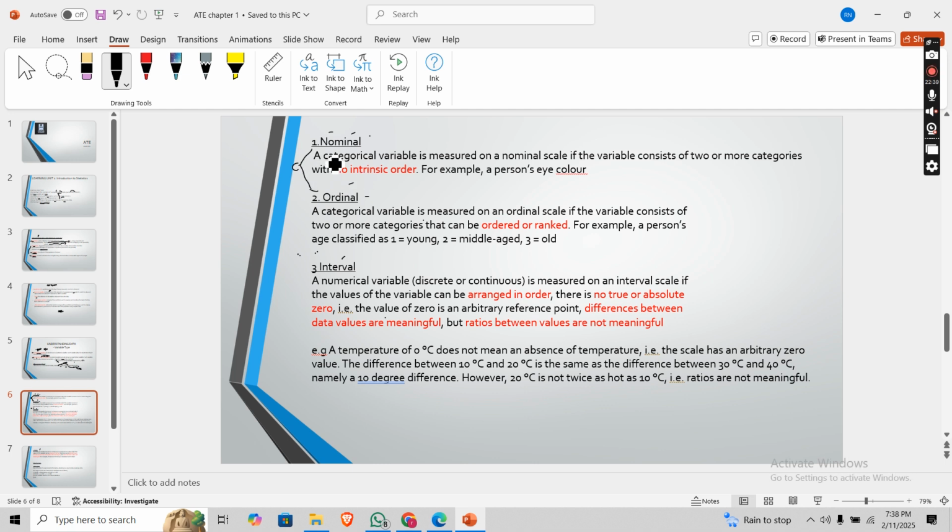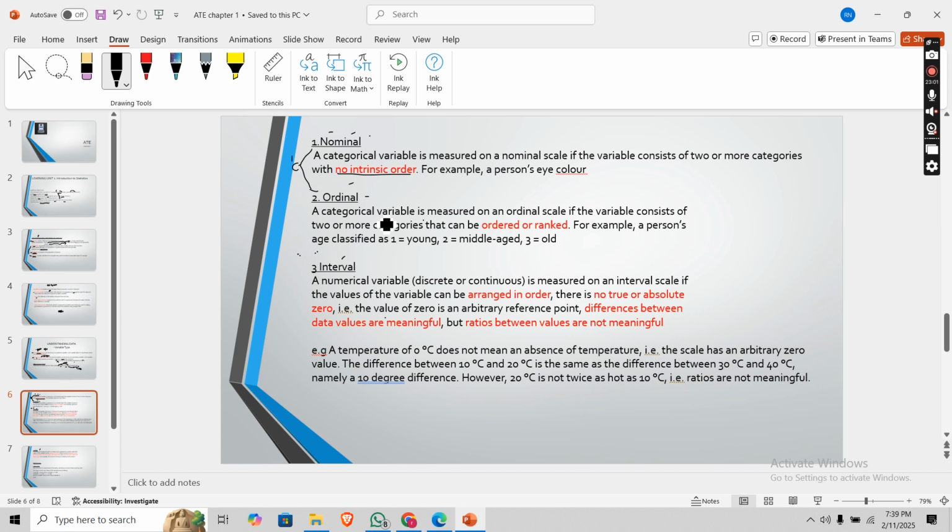When do we use the nominal scale to extract data from the categorical variable? We use it if the data has no intrinsic order. This means that the data has no specific order, for example, you can write it in any order.